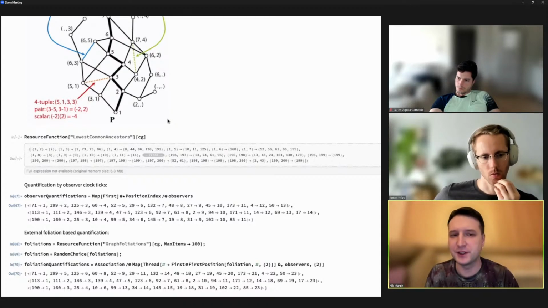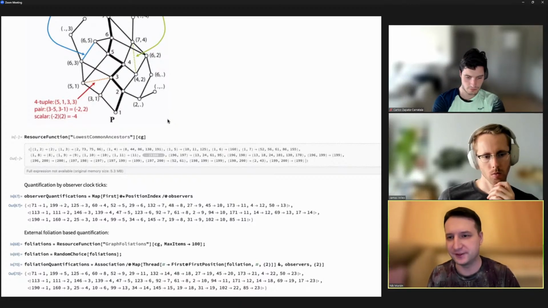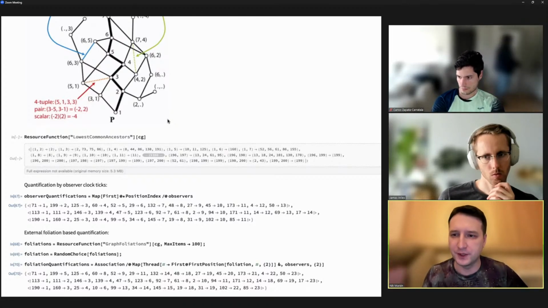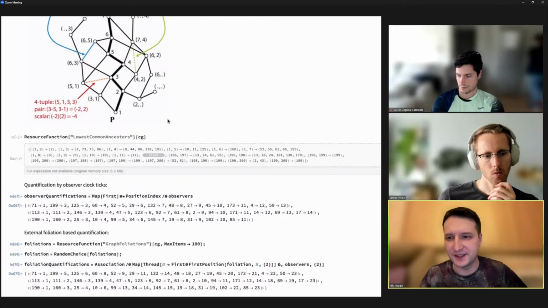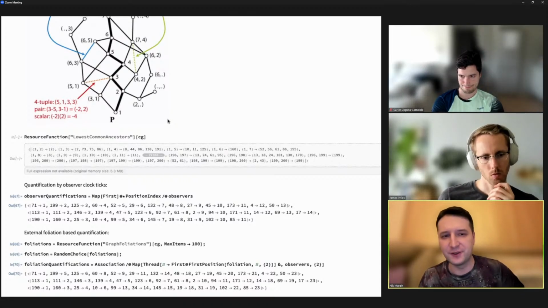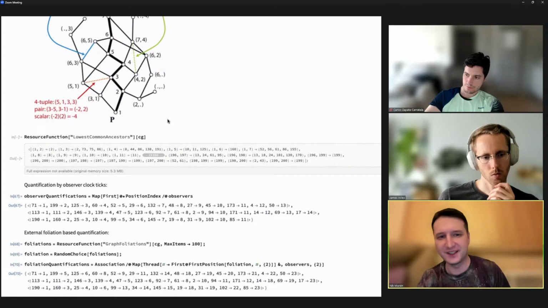If you just pick two observer chains and try to quantify your events by two space coordinates, it's not going to be enough. Different pairs of observers are not going to agree. So we conclude that two dimensions of space is not enough.